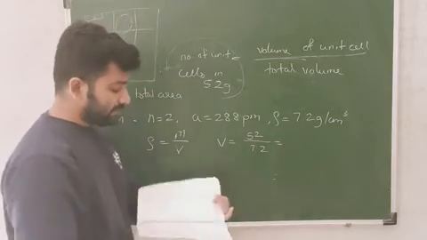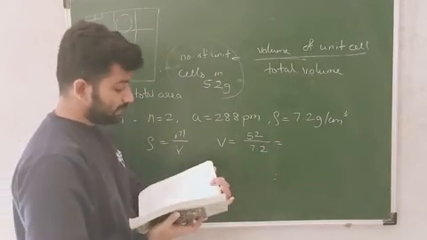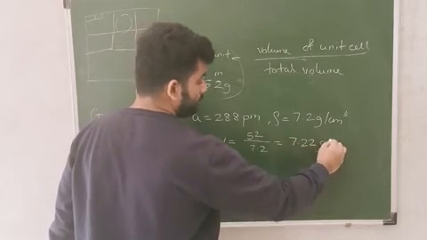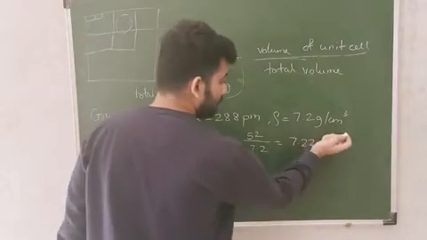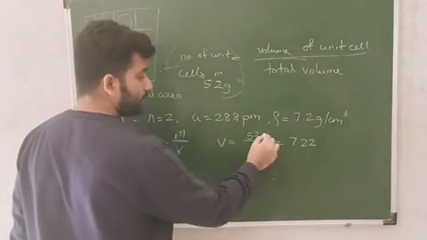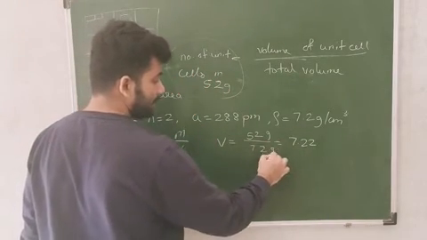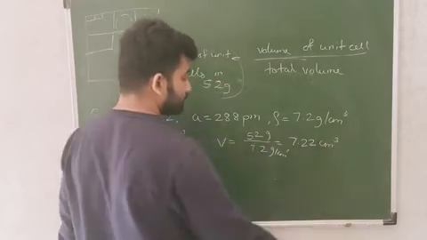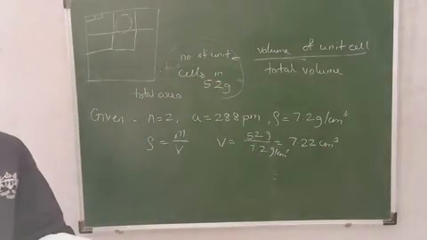That comes out to be approximately 7.22. 52 is in grams, density is gram per centimeter cube, so volume will be in centimeter cube.